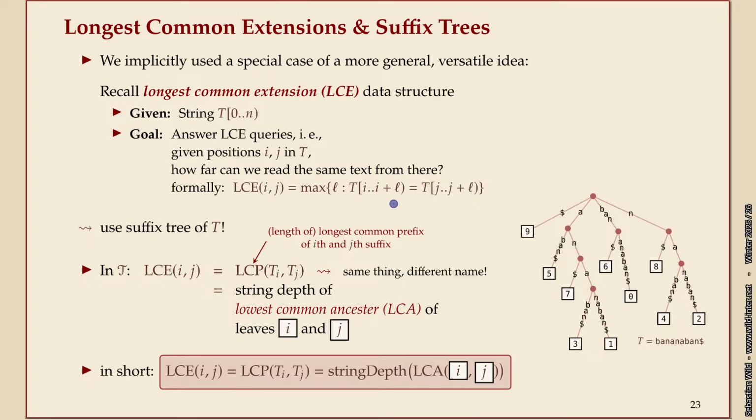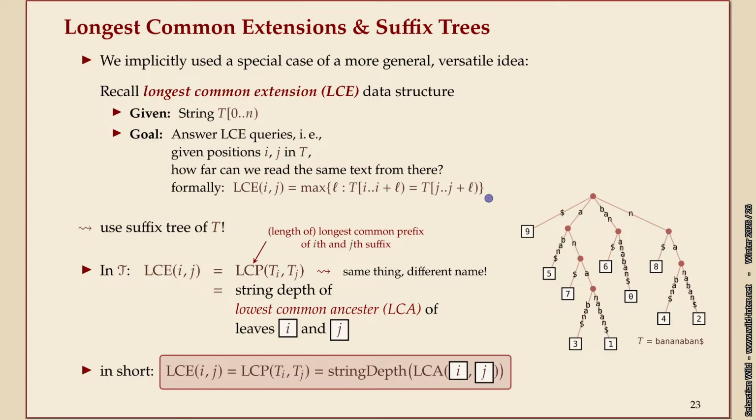If you think about these two strings, well, they're the beginning of a suffix of the text. So you can start at I and at J reading the text. And if they're sharing some longest common extension, that's going to be a shared path in the suffix tree up to the point where they eventually branch off because there's an internal node, and then they split into two different continuations of the suffix.